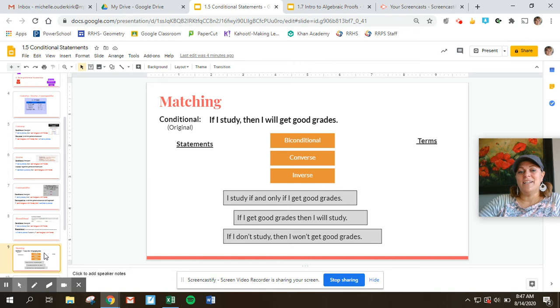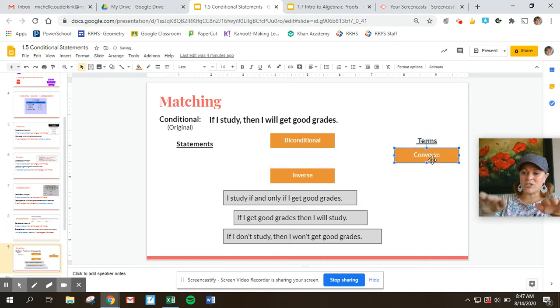All right, it's your turn. You're going to take these and match. We need to put the statements over here and the terms over here. I usually start with converse because, visually, I can just switch the order. So here's the conditional: if I study, then I will get good grades. You look down here and try to find the converse, the switched order of the hypothesis and the conclusion.